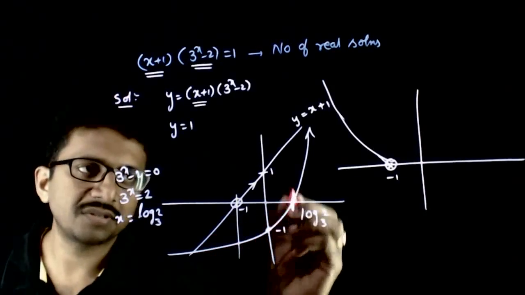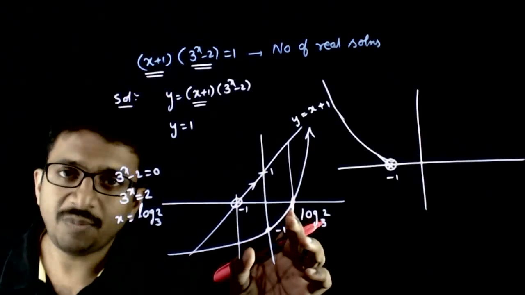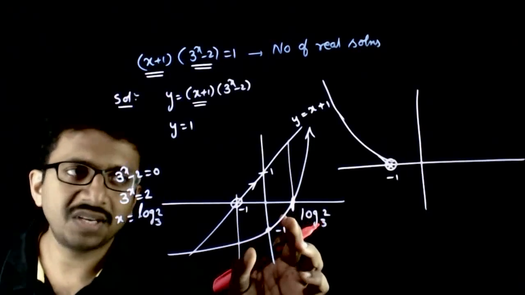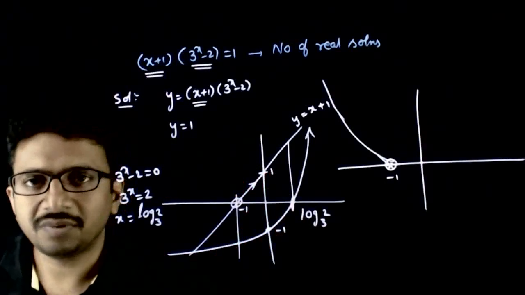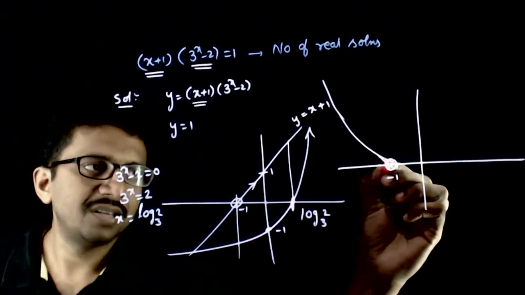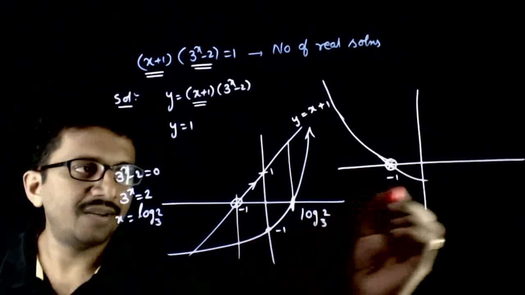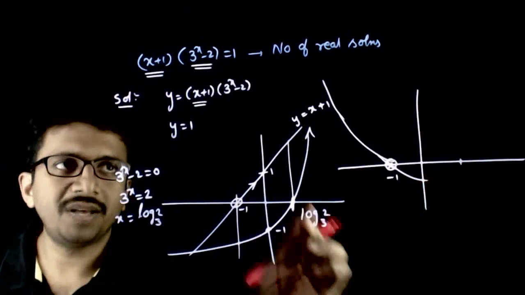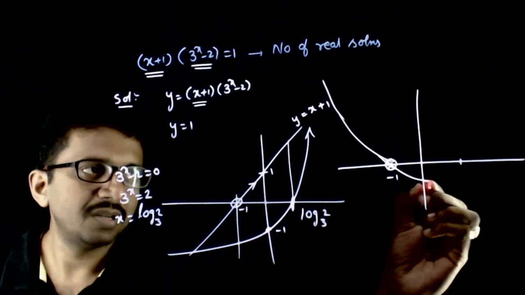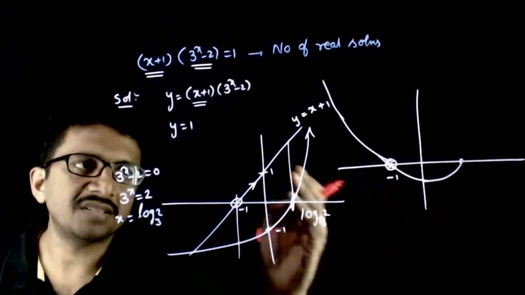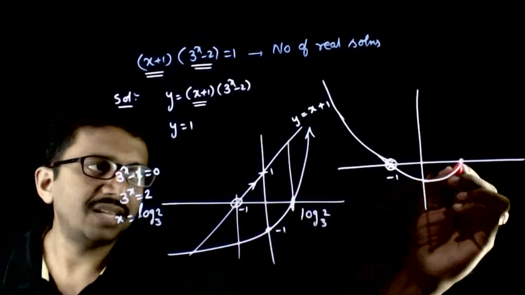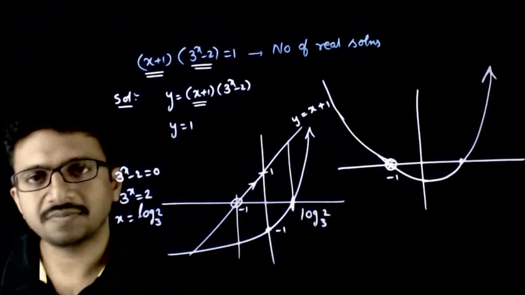Between these two values, 3^x − 2 is negative and x + 1 is positive, so when you multiply these two, you get a negative number. When x is equal to log 2 to the base 3, this term becomes 0, hence the graph becomes 0 again. After this, both of them are increasing, hence their product also increases.